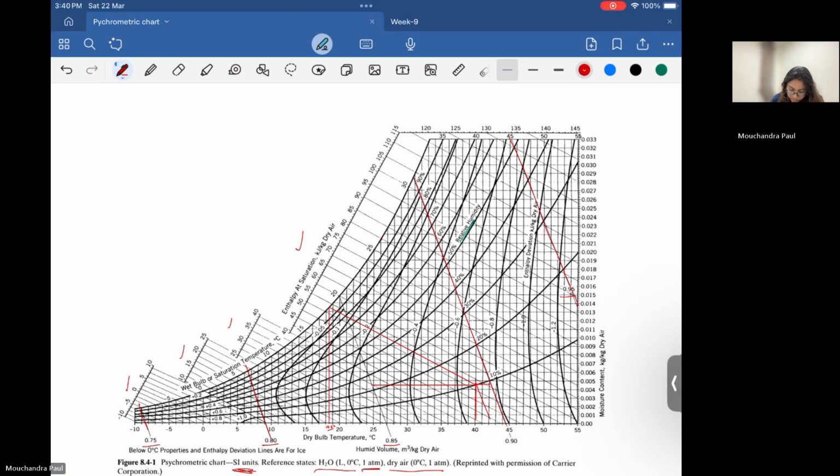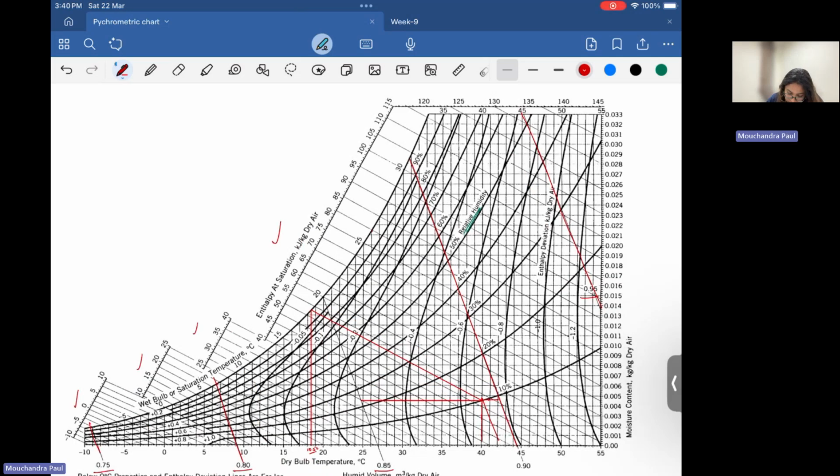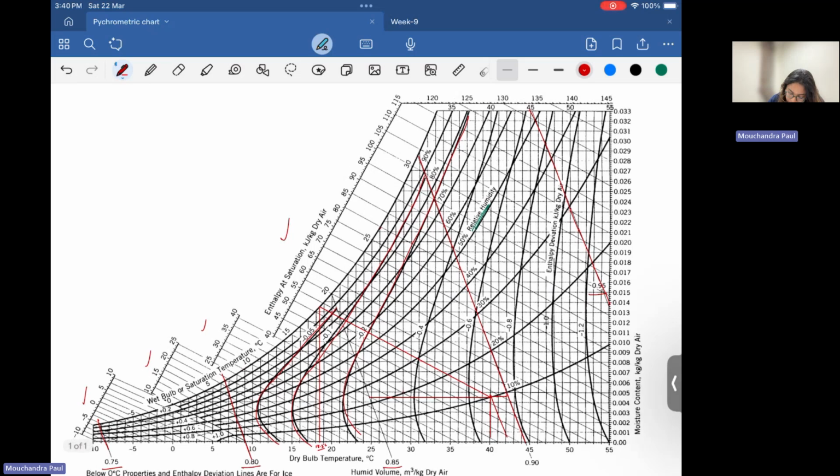And these kinds of curves are called enthalpy deviation curves.